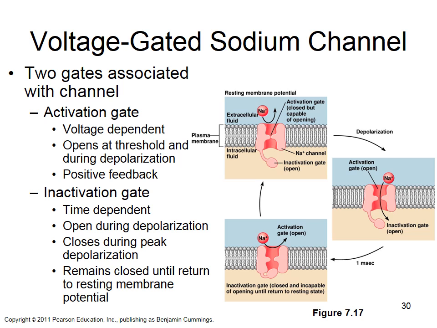So the voltage gate opens at minus 55 millivolts, then a millisecond later, the inactivation gate slams shut. It stays closed until the cell goes back to resting membrane potential, until it crosses to or below resting membrane potential, because at that point the voltage gate will be shut again.